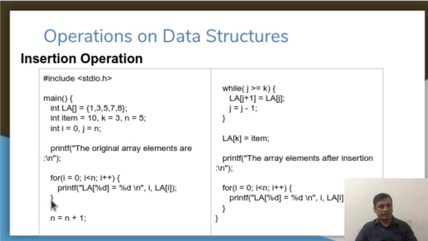First you are going to print all the original array elements, and followed by that, within this for loop, you are going to displace the current element into the next position. So the linear array's j plus 1th position is going to be assigned the jth position value. By that you are going to displace all the elements, and here you remember the k position. In that k position you are going to insert the element as the item, and after that you are going to just simply print all the elements.